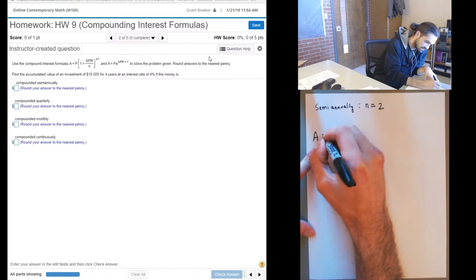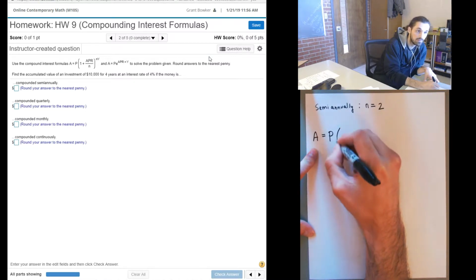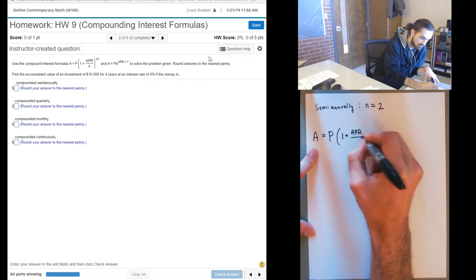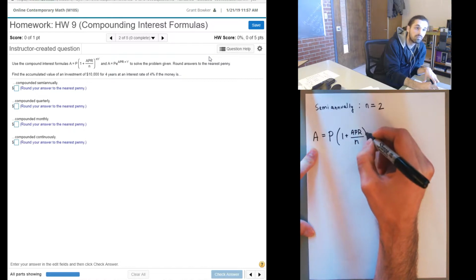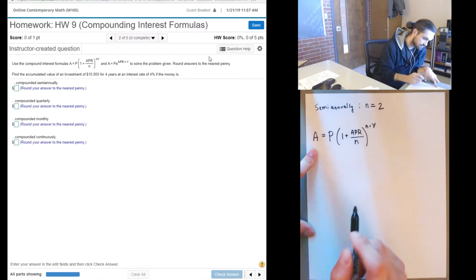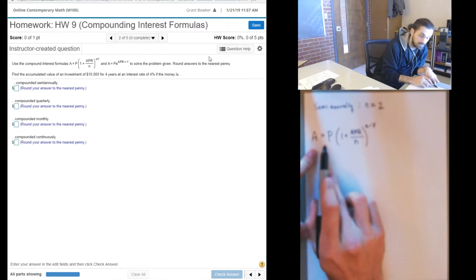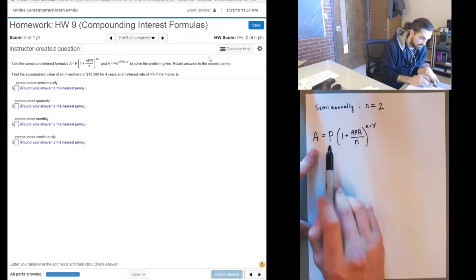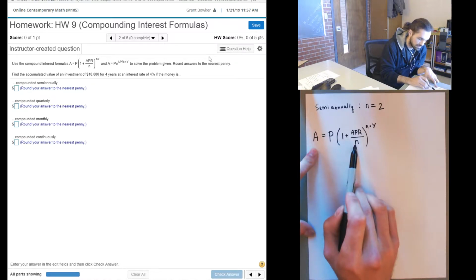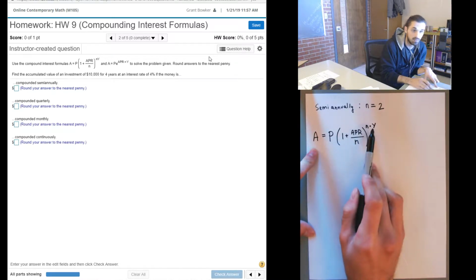Let's go ahead and write this equation out. So in order to utilize this equation, we need to identify P, we need to identify APR. We've already identified what N is, and then Y.